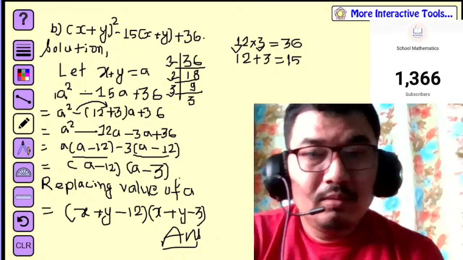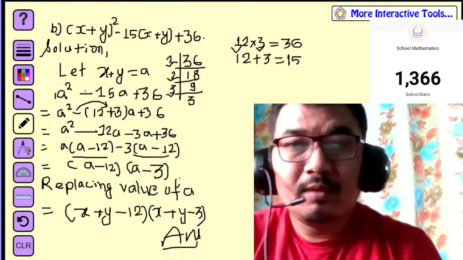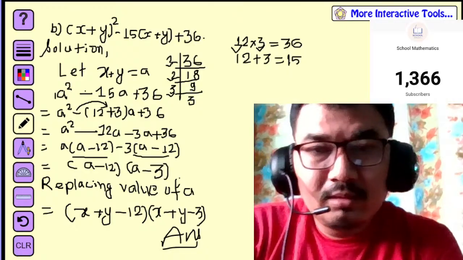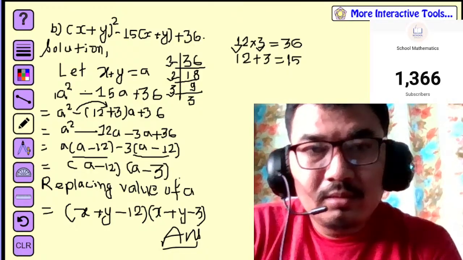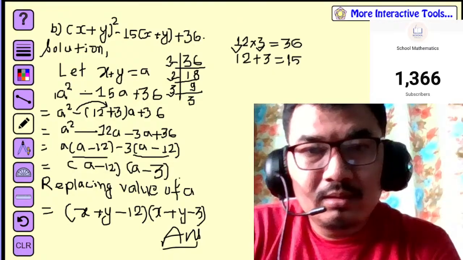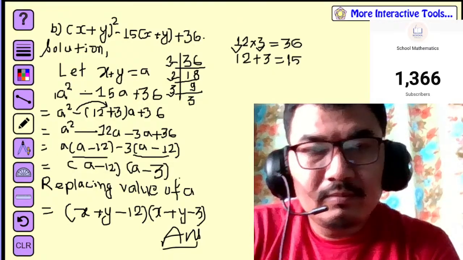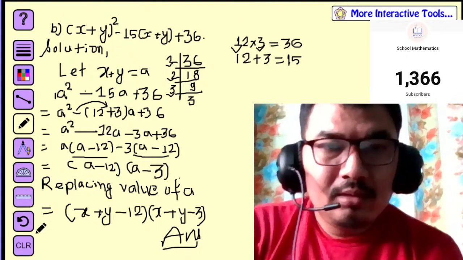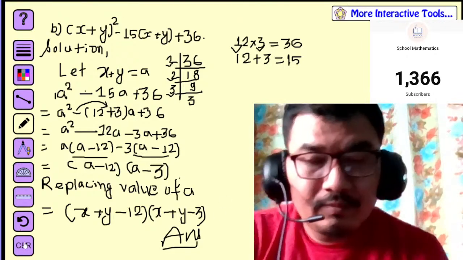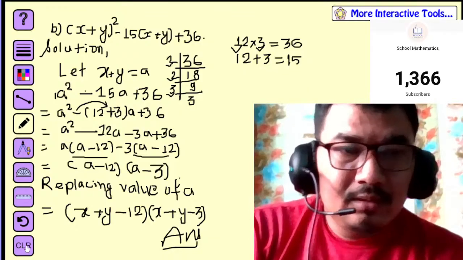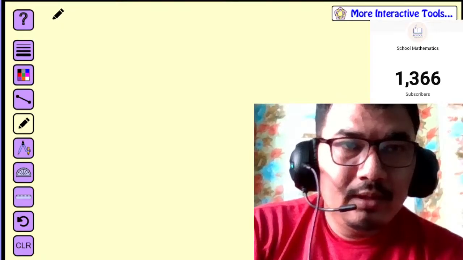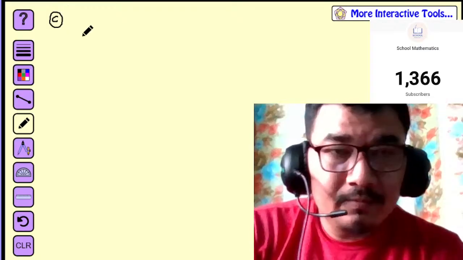Now look here, I want to show you the next question that I want to clear. It's also factorization.